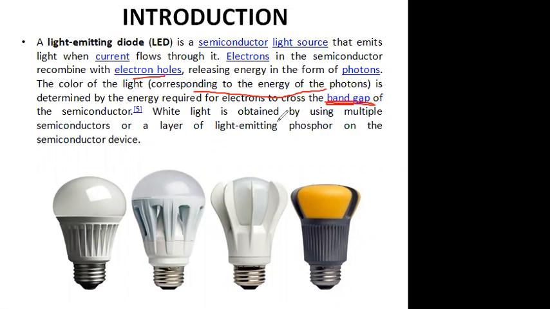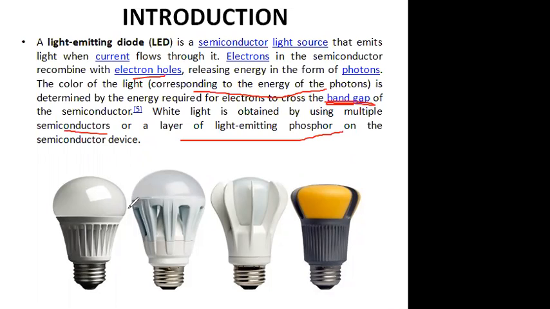White light is obtained by using multiple semiconductors or a layer of light emitting phosphor on the semiconductor device. As we know, in the case of a fluorescent tube or CFL, we use a phosphor coating inside the glass for emitting visible white light.